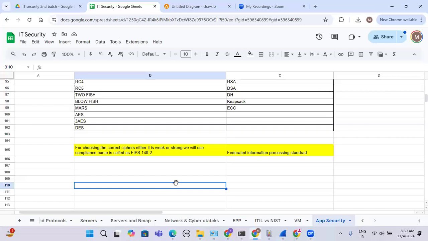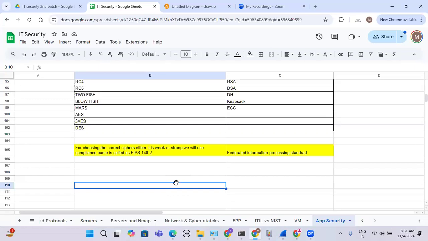Not only that, even on the infrastructure and network side, if any OS, SSL or TLS oriented vulnerabilities exist, then we can verify. One more practical use case is the CIS hardening benchmark, where we have to use the strongest ciphers as compared to weak ciphers. So that is the compliance name.